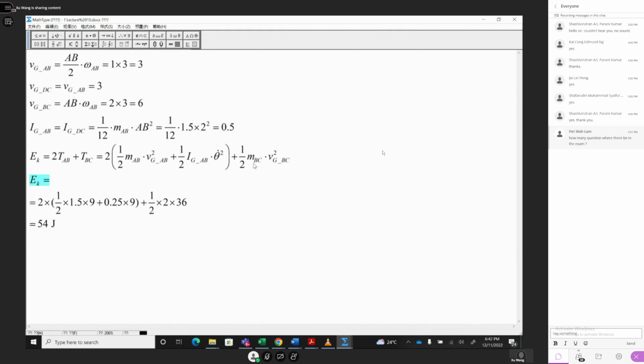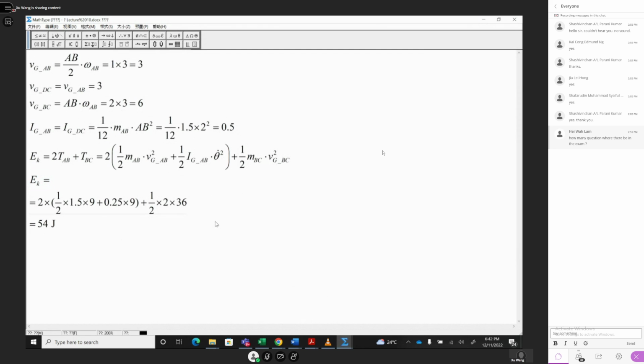And for this one, the horizontal BC mass is 2 divided by 2, multiplied by v_G,BC, 6 squared equals 36, giving 55 J. Okay, 55 J. Then this is for 30 degrees.